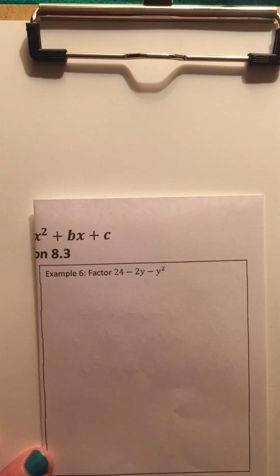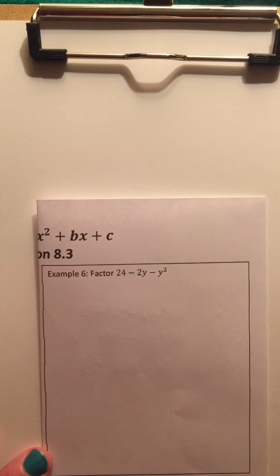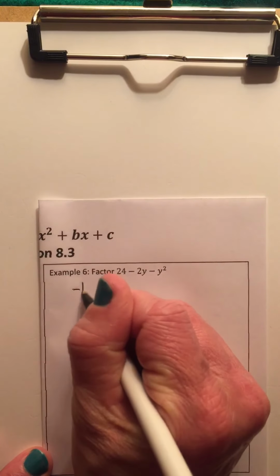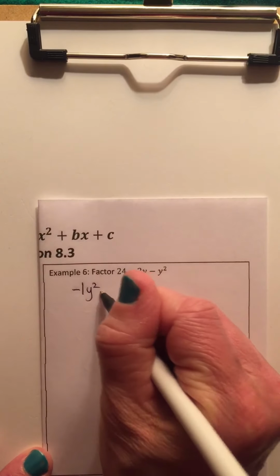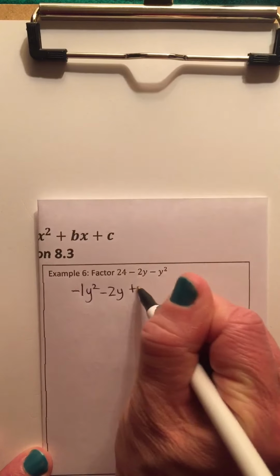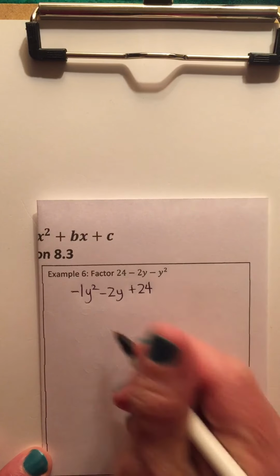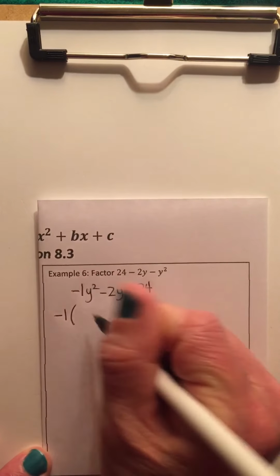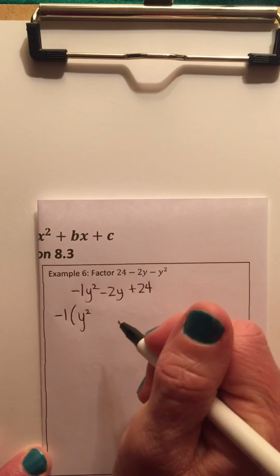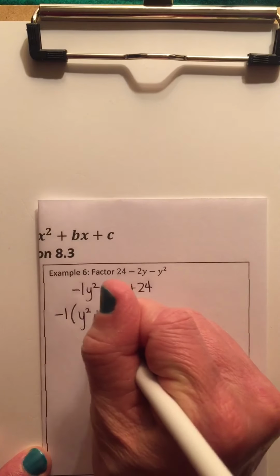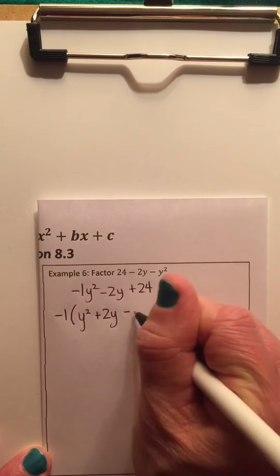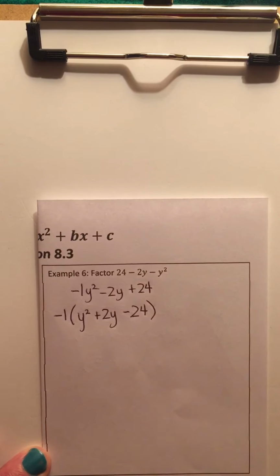Example 6, factor 24 minus 2y minus y squared. We first want to rewrite it with our squared term first. So we're going to rewrite as negative 1y squared minus 2y plus 24. And now I'm going to factor out a negative 1. So negative 1 times y squared plus 2y minus 24.